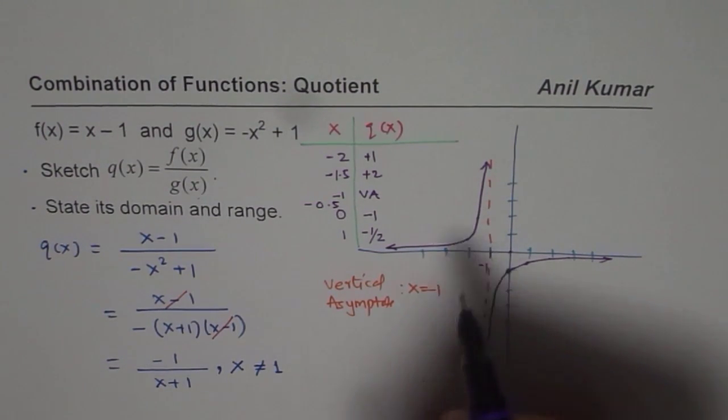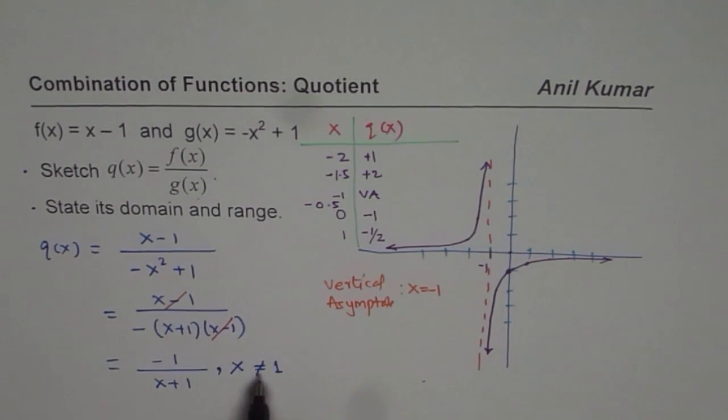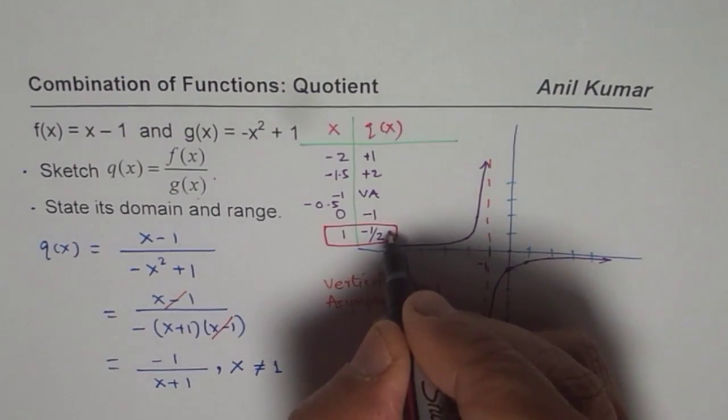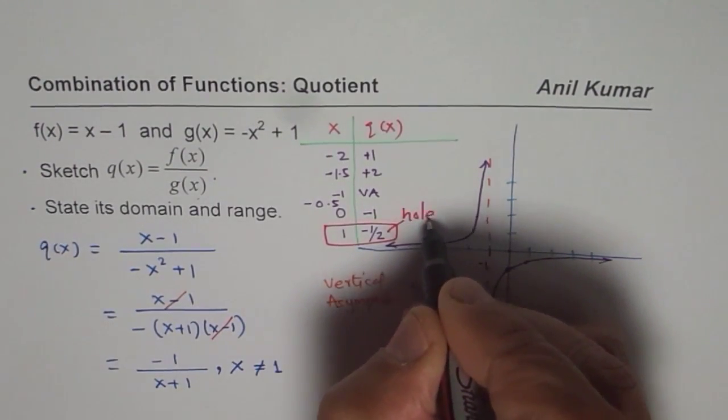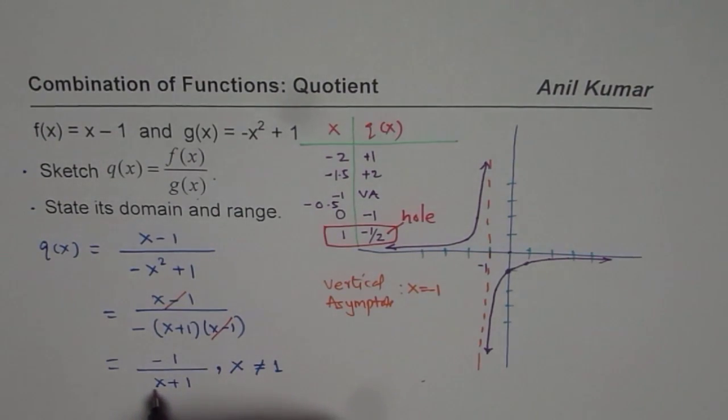Now that is the graph of our function, and we clearly know there's one more restriction, and that is when x equals 1, then what happens? When x equals 1, we have a hole. So this point should have been a hole, right? So we'll block this. At 1, it is a hole. So at 1, the value will be minus half.